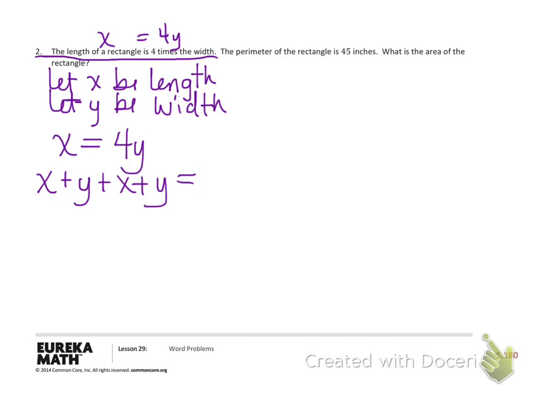That would be my perimeter is equal to 45 inches. Okay, so let's rewrite the system. x equals 4y, and 2x plus 2y is equal to 45.